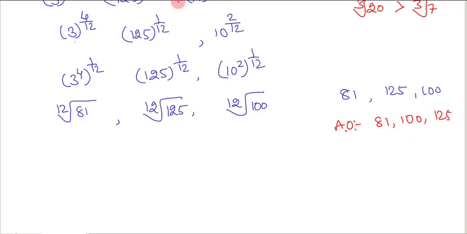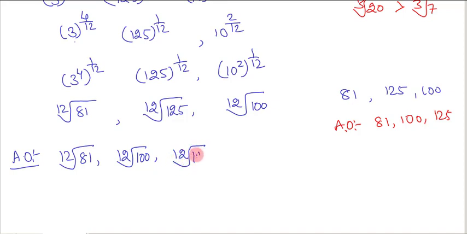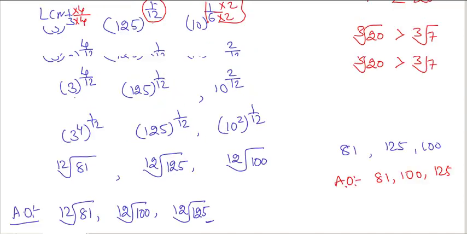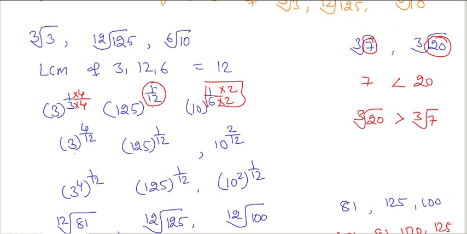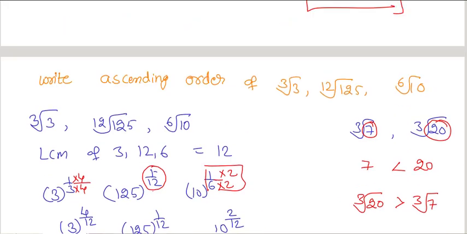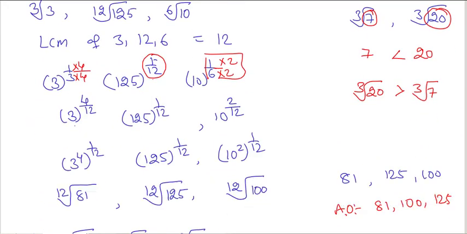So in ascending order, the surds are the 12th root of 81, the 12th root of 100 and the 12th root of 125. Likewise, you can arrange surds in ascending or descending order very easily if you convert them into surds of the same order. Okay, so thank you.